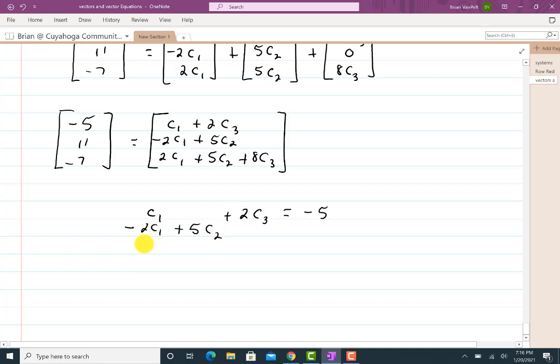And then finally we have 2C1 plus 5C2 plus 8C3 equals negative 7. Oh, this middle one was equal to 11. So what we have is an equation involving vectors. That leads to a system of equations. And we know what to do now. Now all we've got to do is convert this to an augmented matrix.